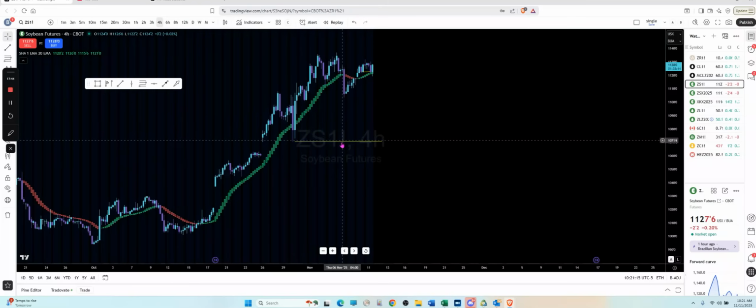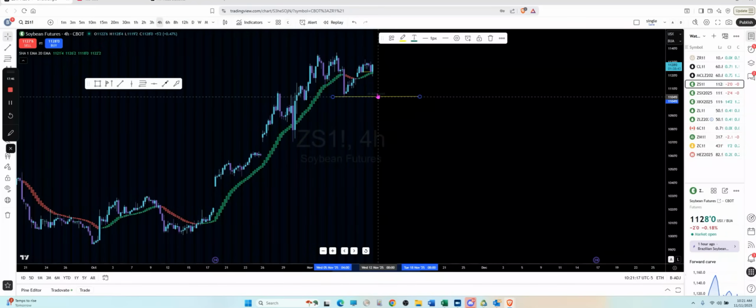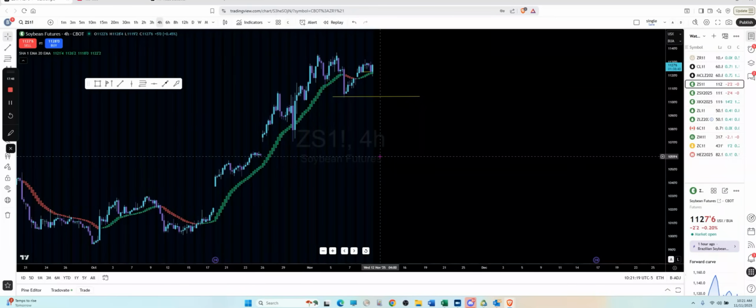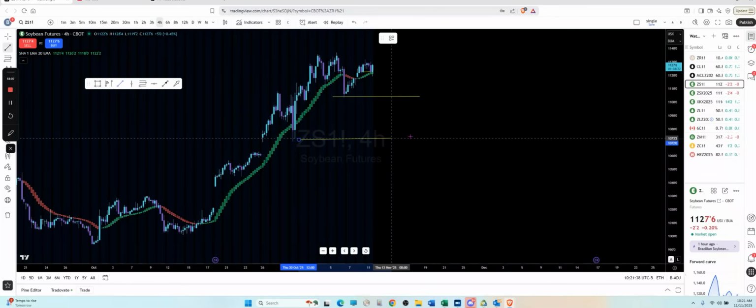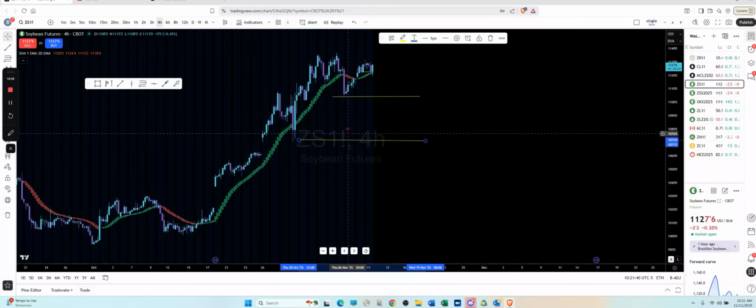So if we make a new high, then obviously what I would do is move this line up, and this would become our new structure. That's not really valid yet because it hasn't made a new high. There's just kind of a pullback area here. We did break this Heiken Ashi ribbon here, but we didn't break the structure level, which again is sitting down here.